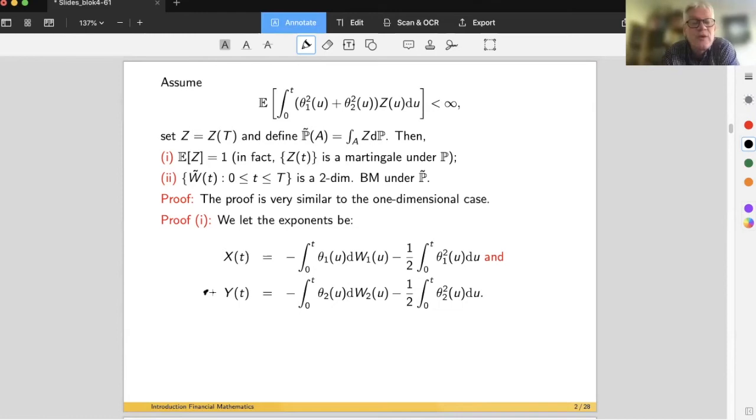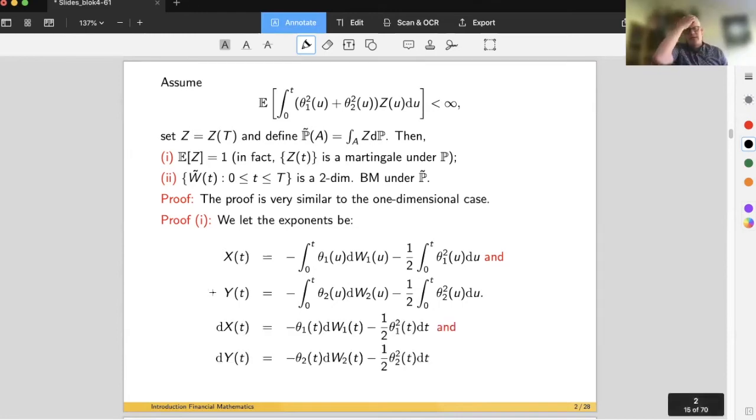And of course, we also have the differential form of these two. And you remember how they look. They are helpful when we look for the martingale. We look for Ito processes, you remember, and we look for the Ito-Doeblin formula.